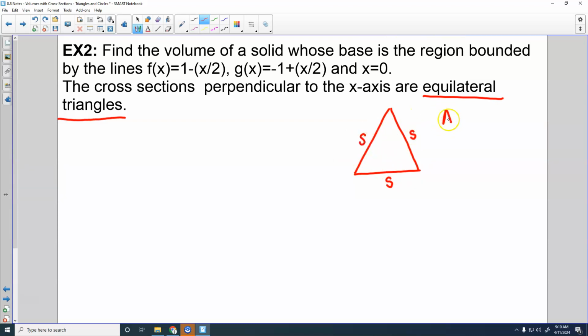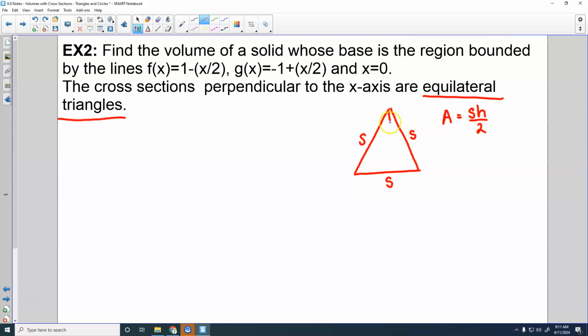But how do we find area of a triangle? You could do S times H, but you'd have to divide by 2 with it. So if I've got an S right here, it would have to be base times height divided by 2, or we could do 1/2 base times height, right?